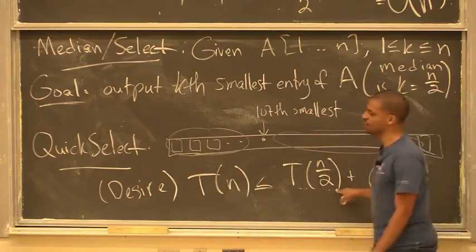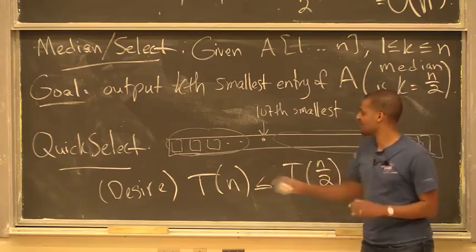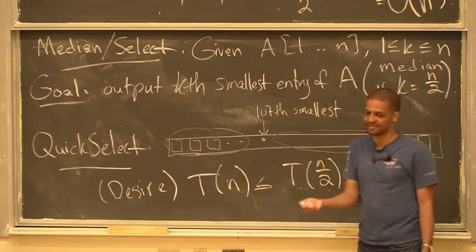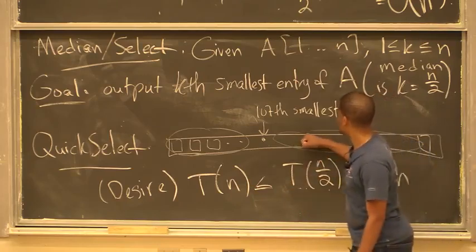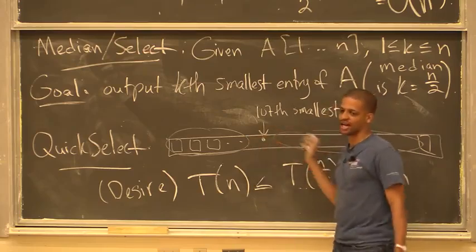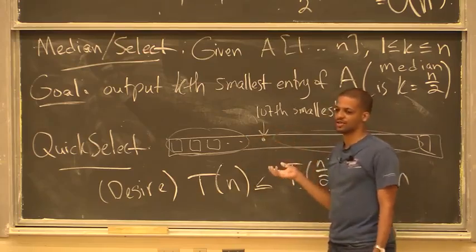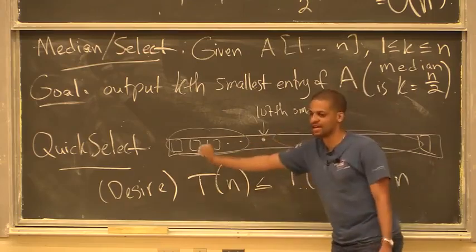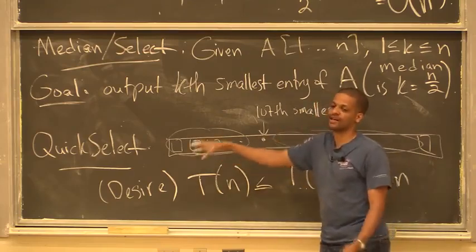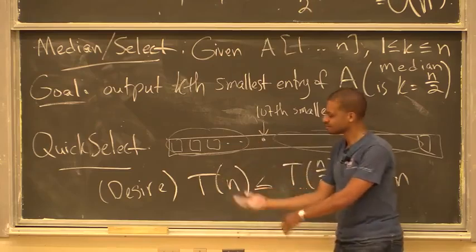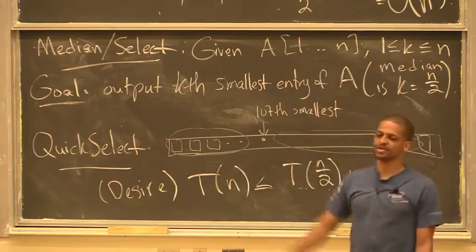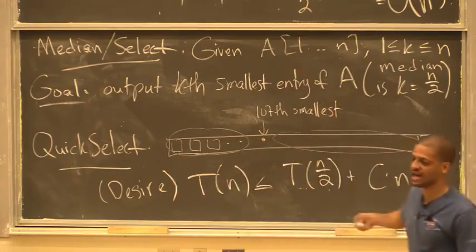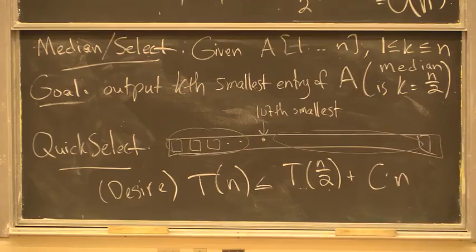And then T of n over 2 is, I hope, my desire is that the pivot is actually the median. Because if the pivot is the median, then no matter which side I recurse on, that side has size n over 2. If the pivot were far away from the median, then I might get unlucky and have to recurse on the bigger side. And this, because of the master theorem, solves to linear. This is O of n. So it's not n log n, it's just O of n, right? So it's a linear time algorithm.